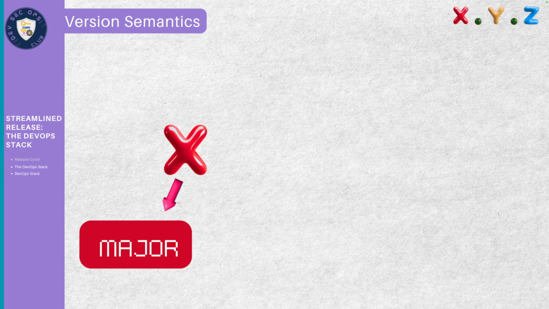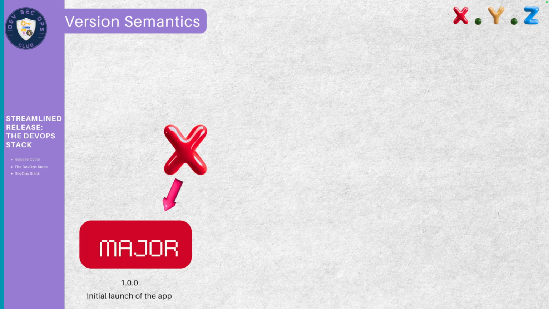It's similar to when initially you launch your app, so you say 1.0.0, right? And as I said, the release cycle, right? It can be like this.